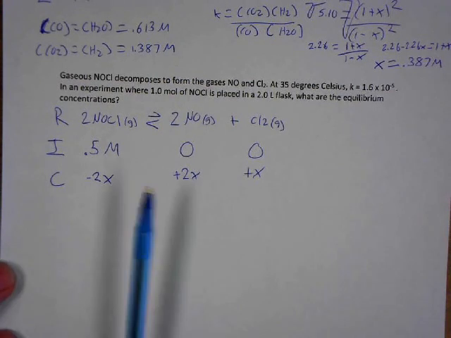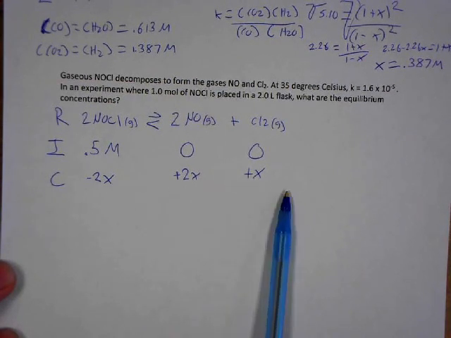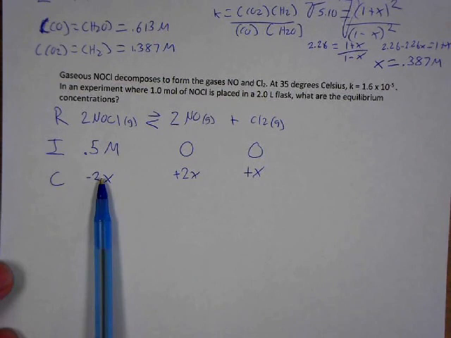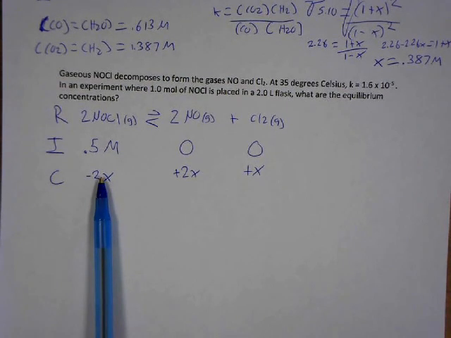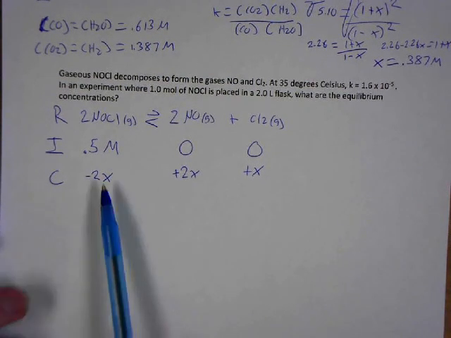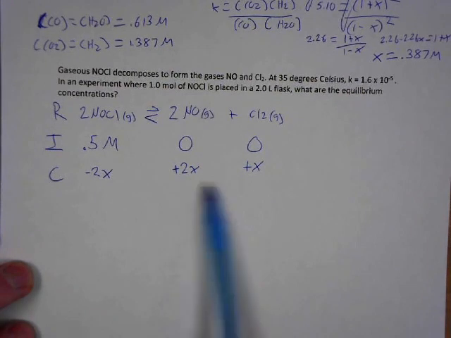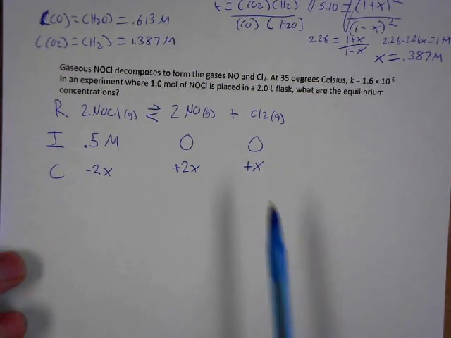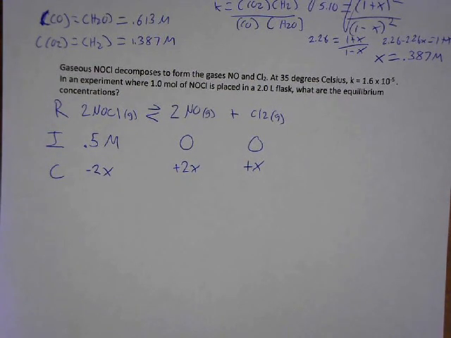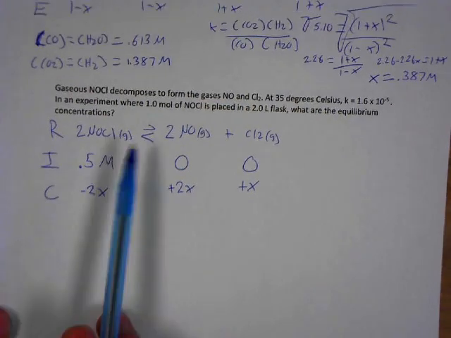Because there's a coefficient of 2 here, it's going to be increasing by 2x. This one is going to be increasing by x. I know it's increasing because it's shifting to the right. I'm making more products. This has to be decreasing because it's shifting to the right. If it shifted to the left, then this would have been plus 2x, minus x. So the C is just the change.